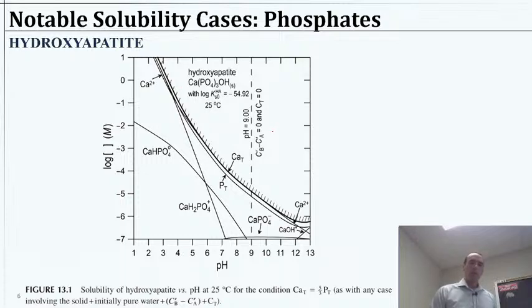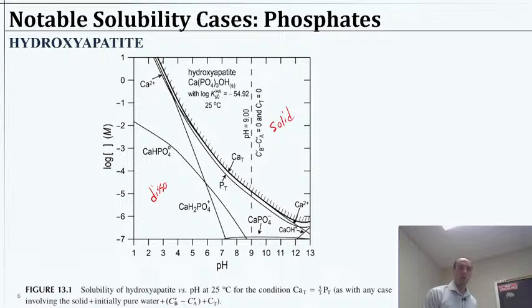the solubility is decreasing, so more of our system would be the solid form. It might not be clear, but in this diagram everything above these lines is the solid form, and to dissolve it you could move the pH down and more of the solution would be in the dissolved phase.